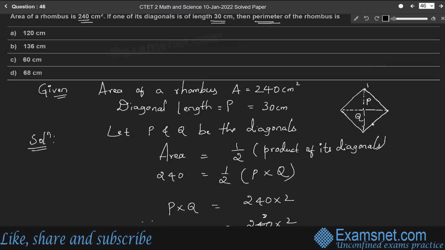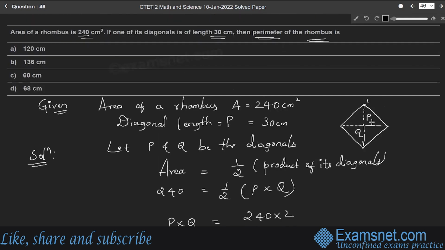So, in order to find the perimeter of the rhombus, we should know the value of side of the rhombus. For that, any of its sides, right? So, here we know the value of diagonals. So, consider this triangle, right? This triangle, where we know the value of diagonals, and this measurement is half of the diagonal, and the horizontal side, its measure is half of the diagonal.